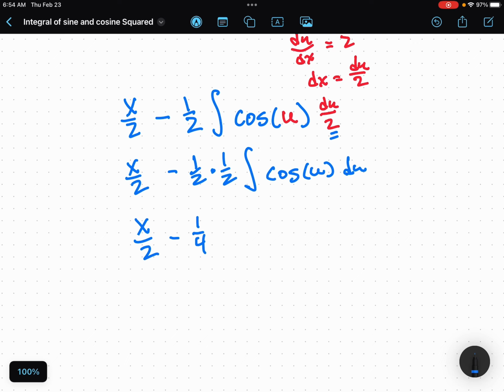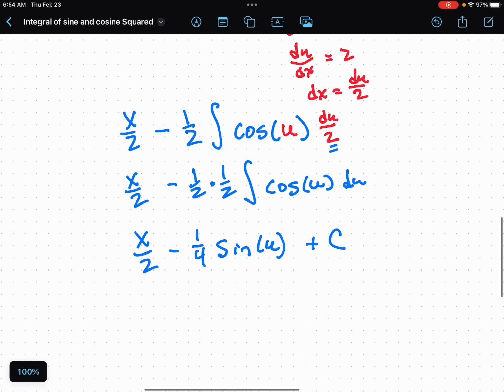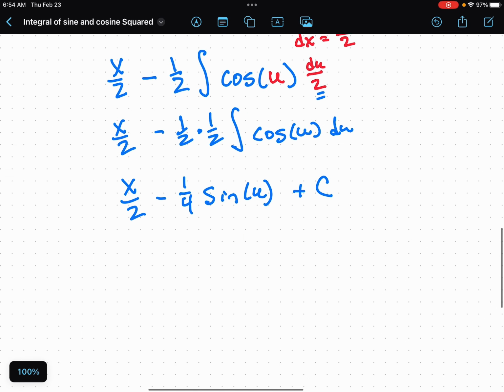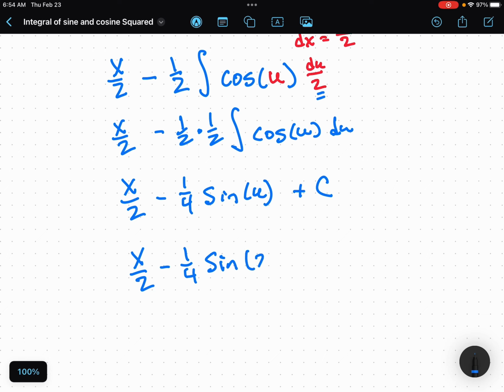And then the antiderivative of cosine is sine of u. And then don't forget that huge plus c. And then what was u equal? U equals 2x. So to finish this thing off, this is going to be 1/4 sine of 2x plus c.